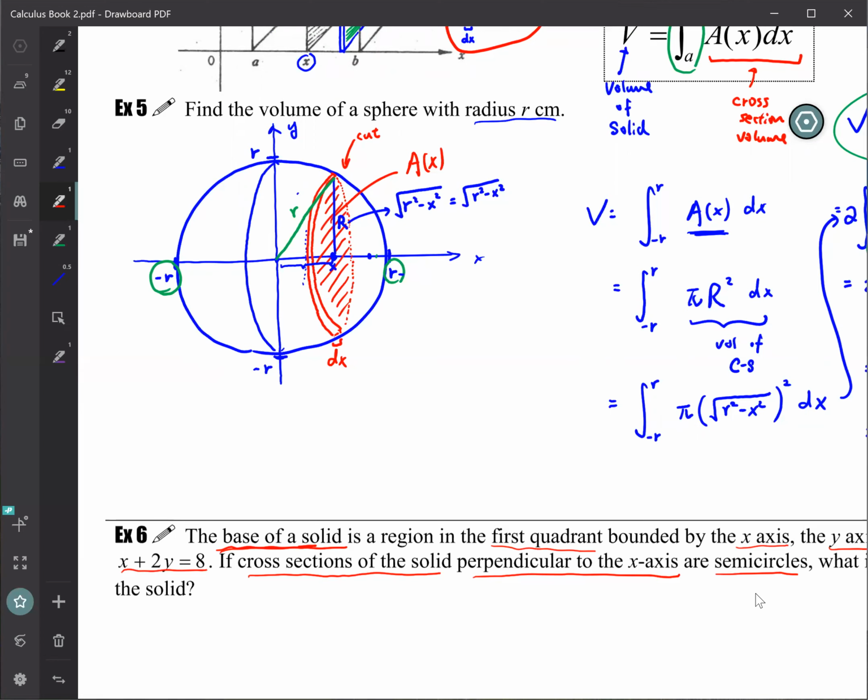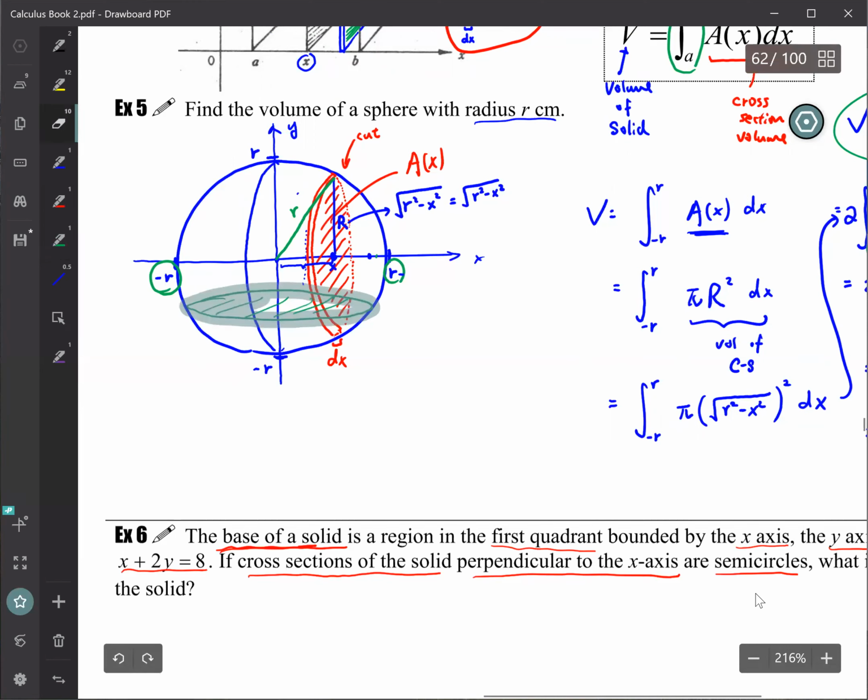If it's perpendicular to y-axis, then the cross section will look like this, the green one. The green one there on the sphere, that's perpendicular to y-axis. Okay, so that's the meaning of it. Okay, let me erase the green one.